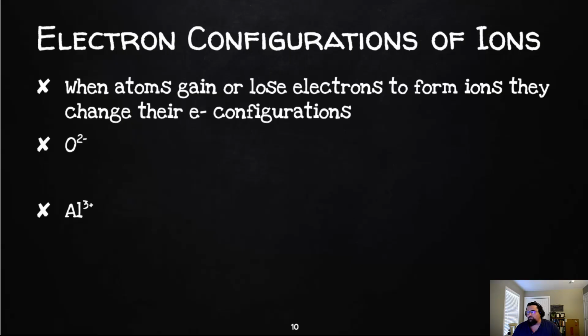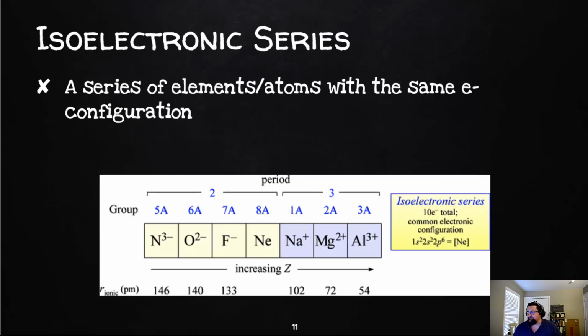And so what we call this is an isoelectronic series, which is a series of elements or atoms that have the same electron configuration, although they do not have the same nuclear charge. And so as you look at this group here, it's around that neon.